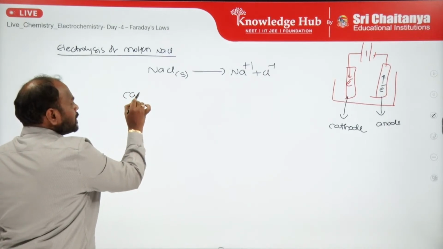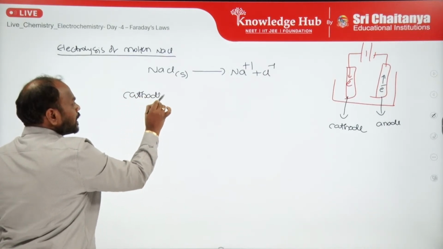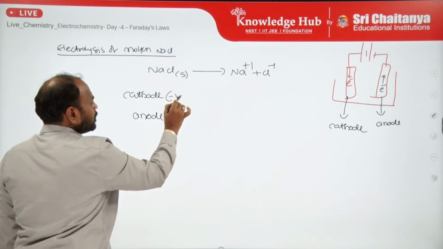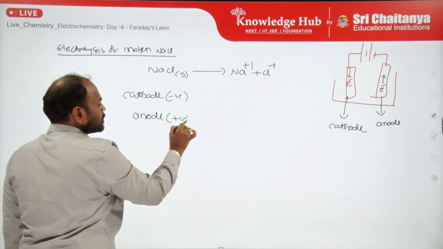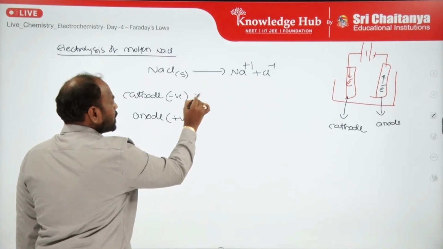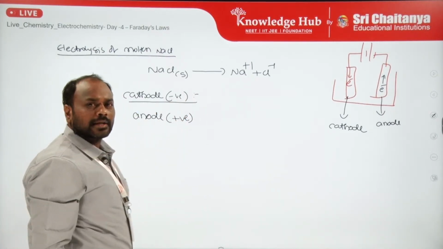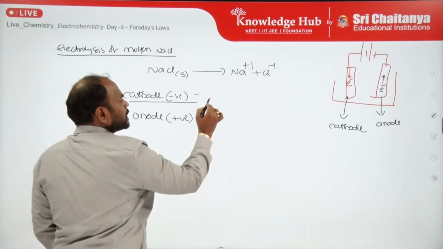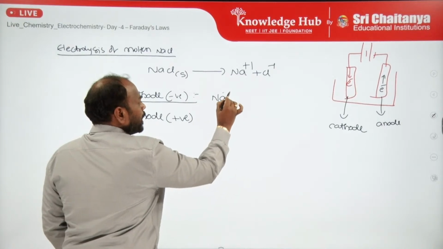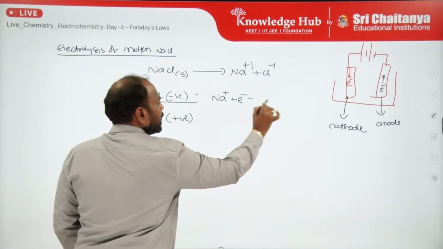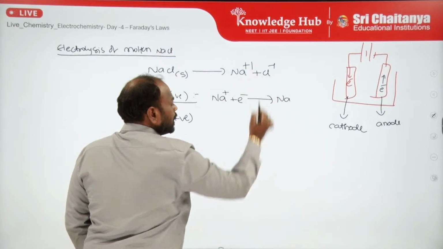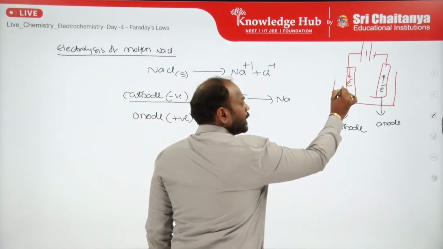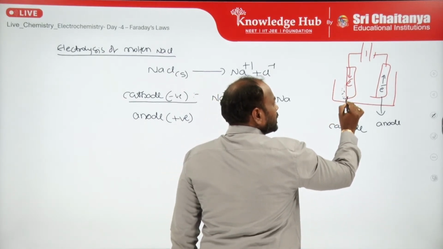Here the current is passed through two electrodes, one a cathode, the other an anode. Cathode gets the negative sign, anode gets the positive sign. The negatively charged electrode attracts the oppositely charged ions. What is the opposite charge for this? Sodium. Na+ gains an electron and forms sodium. So sodium is deposited at which electrode? Cathode. So at the cathode, sodium is formed like this.